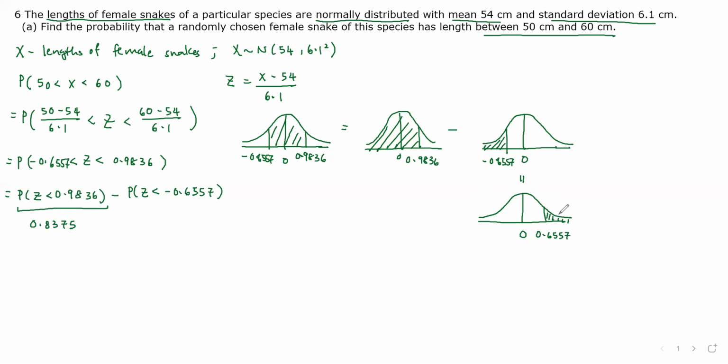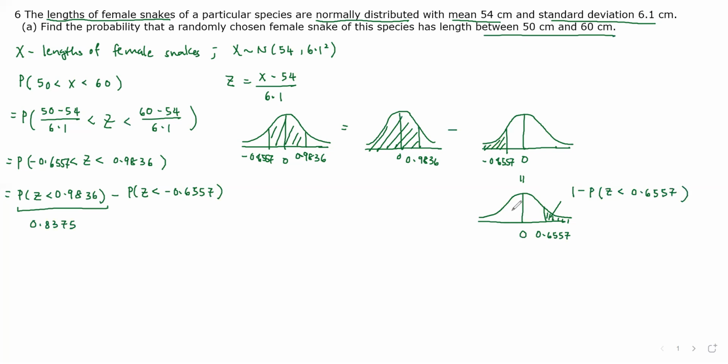This is 0.6557, and we find this area. These two areas are the same, but the table will give us the left-tail area. So the area that we need to subtract is 1 minus the probability that Z is less than 0.6557.